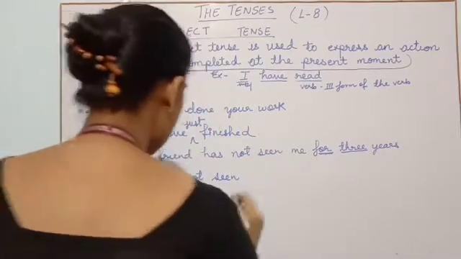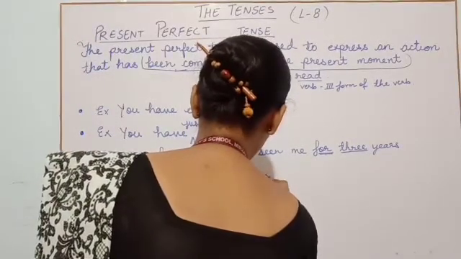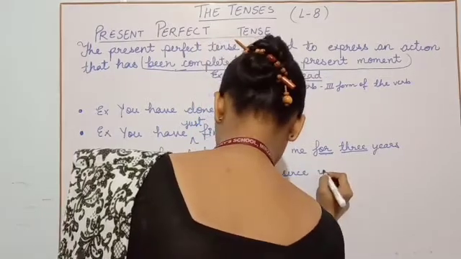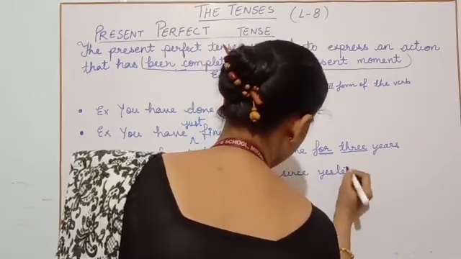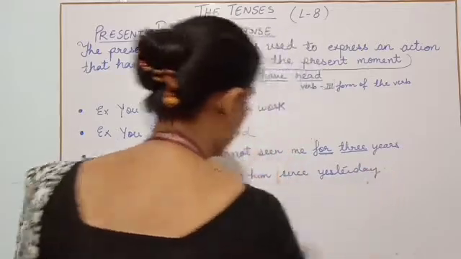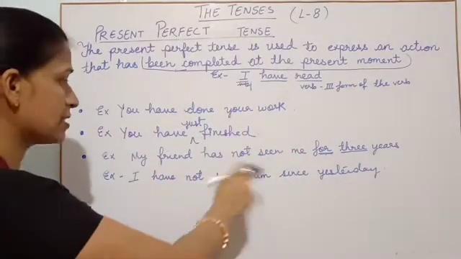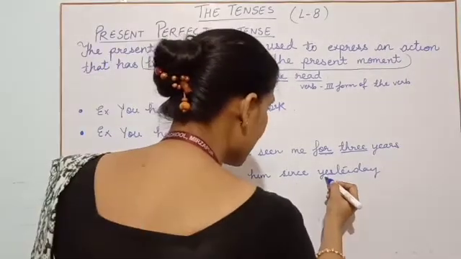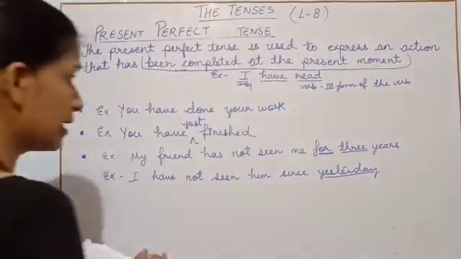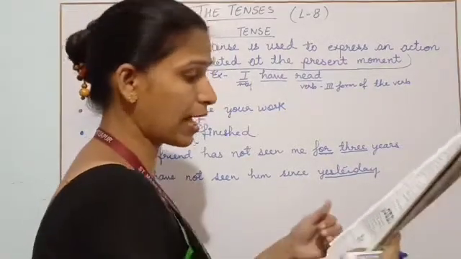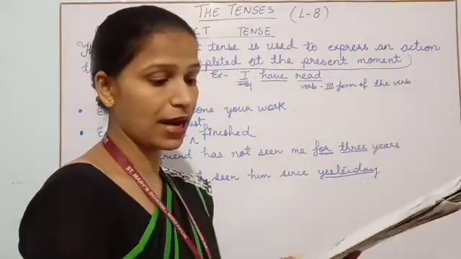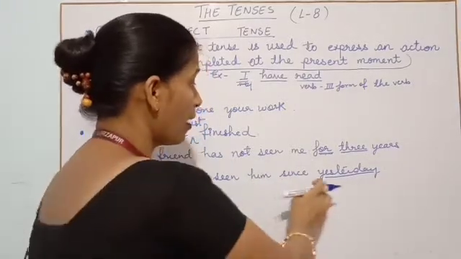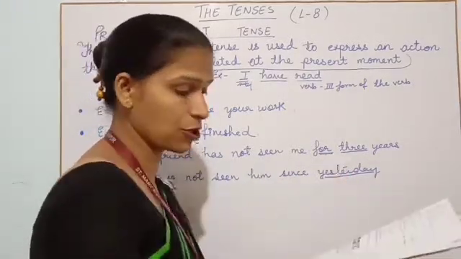I have not seen him since yesterday. I have not seen him since yesterday. Yesterday is telling you the time. What time is it expressing? It is expressing that day, isn't it?